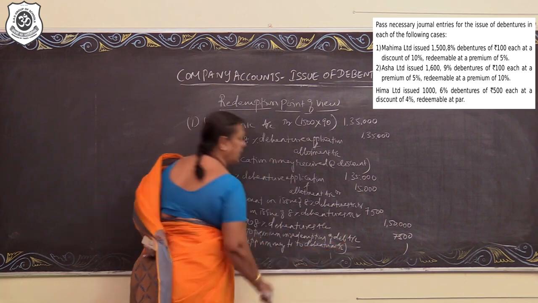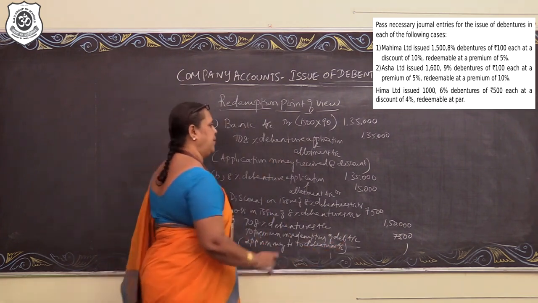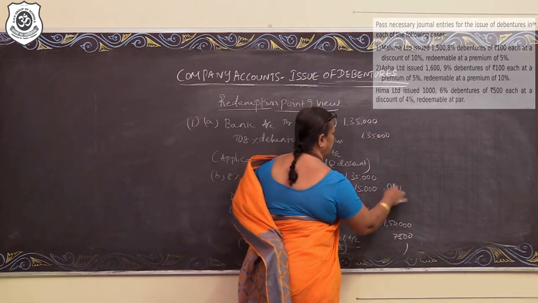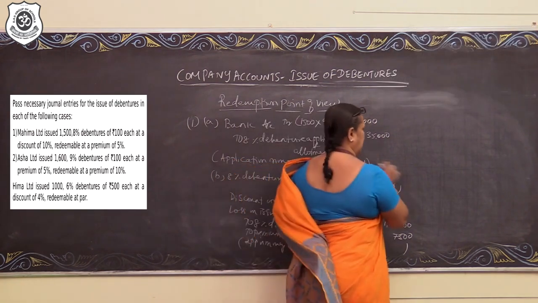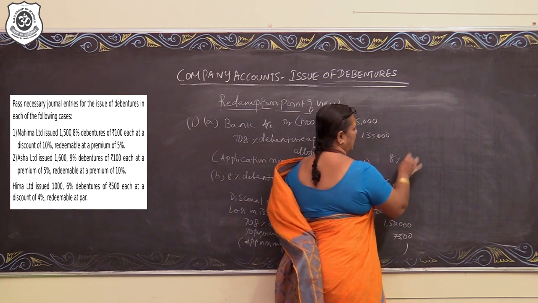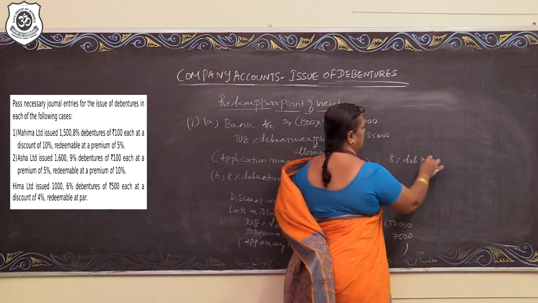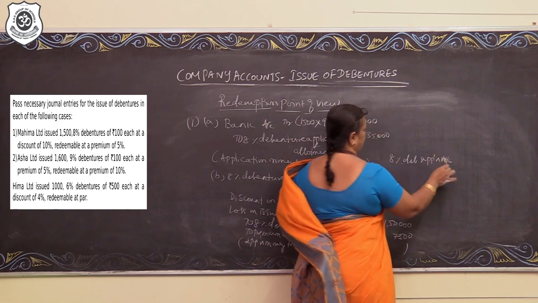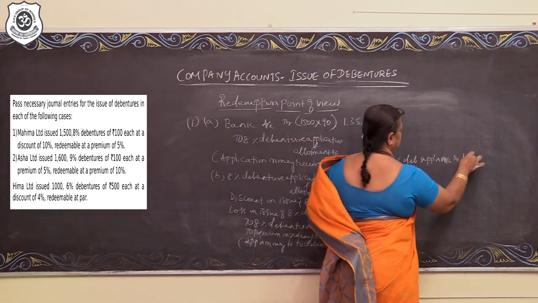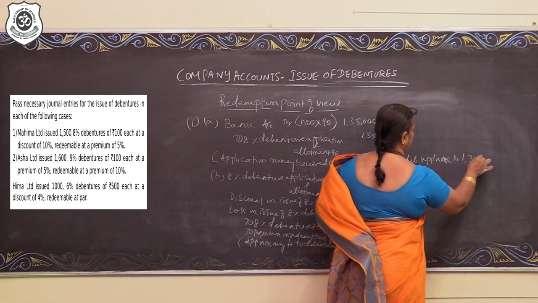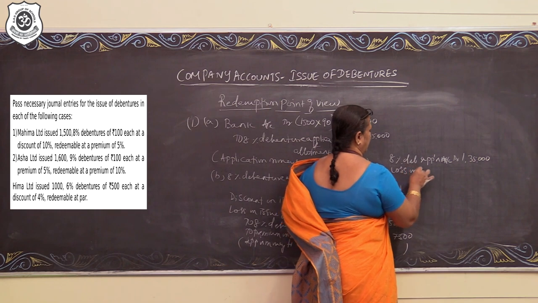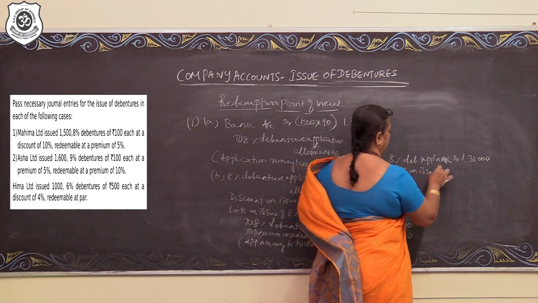Now, alternatively, for the same entry, I am just going to pass an alternative entry. It is going to be 8% debenture application account debit 1,35,000.